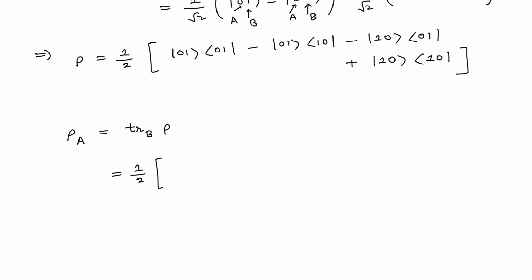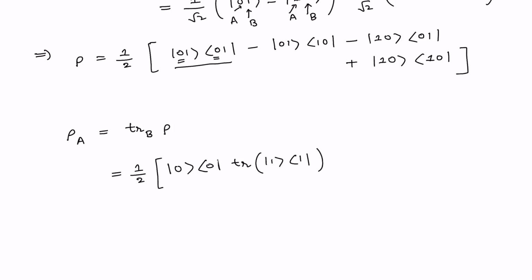So let us look at this particular term and take out the elements belonging to subsystem A. That would be ket 0 bra 0, which belongs to subsystem A. Then let me take the trace over the elements belonging to subsystem B. So this is what I have.